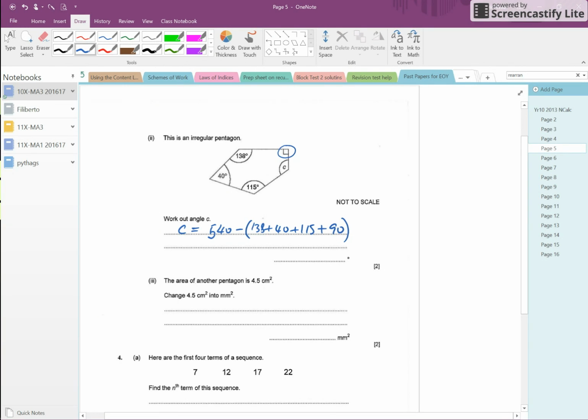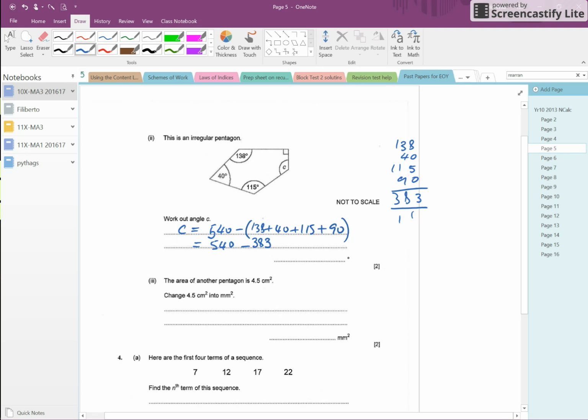This is 90 degrees, that one. So let's have a look at what 138 plus 40 plus 115 plus 90 is. 8 and 5 is 13, 3 carry 1, 9, 10, 11, 15, 18, 8 carry 1, 1, 2, 3, 383.